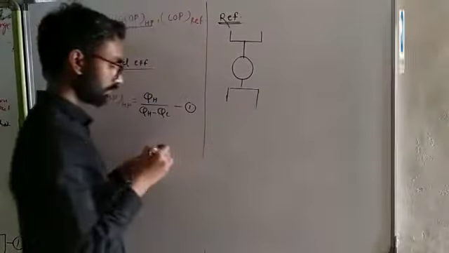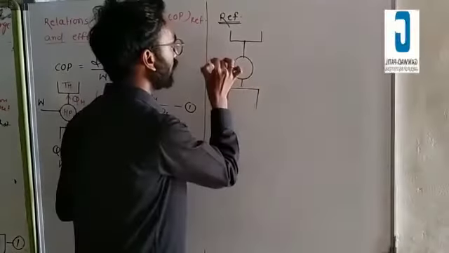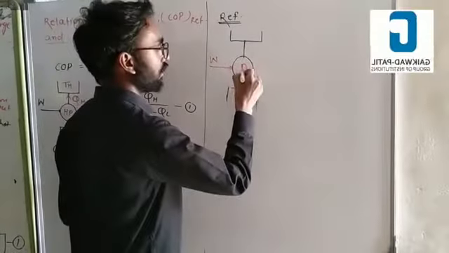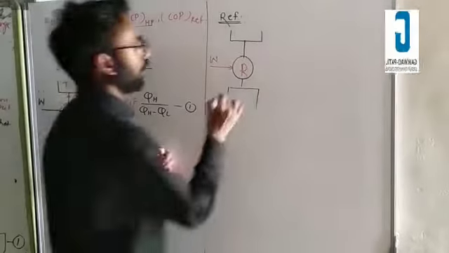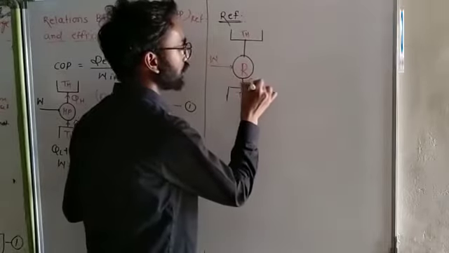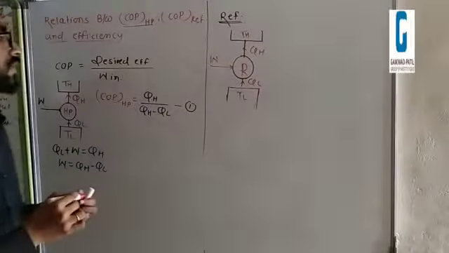Here work will be given to the system. This one is a refrigeration, for example, and this one is a heat pump. This is the higher temperature, this one is the lower temperature, this is QL and this one is QH.